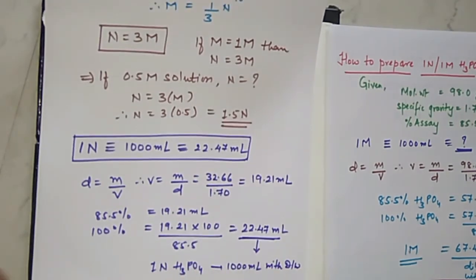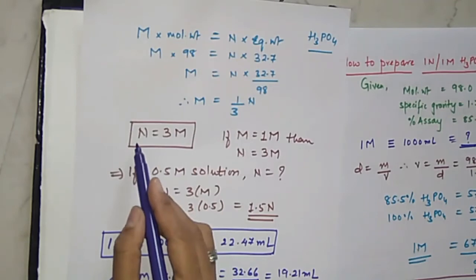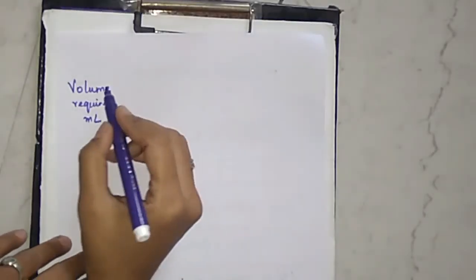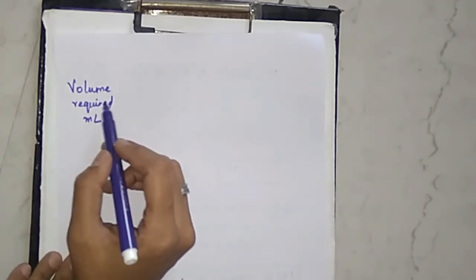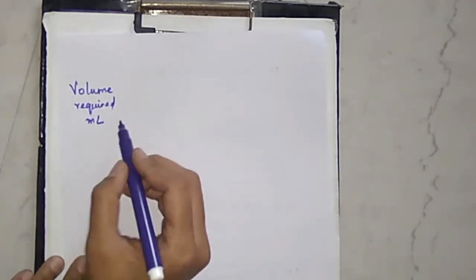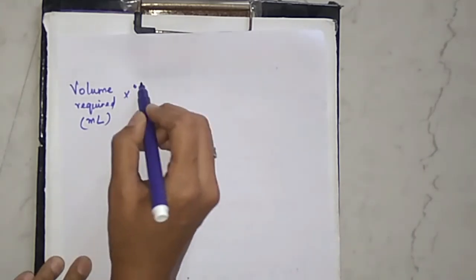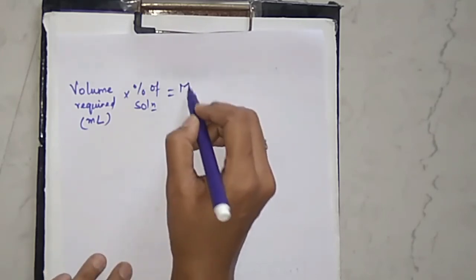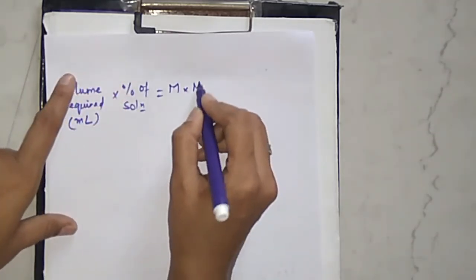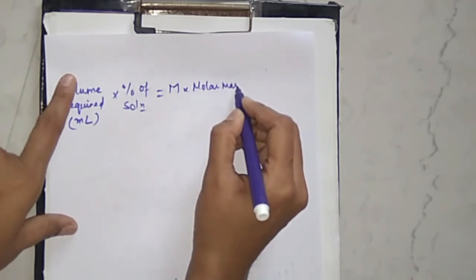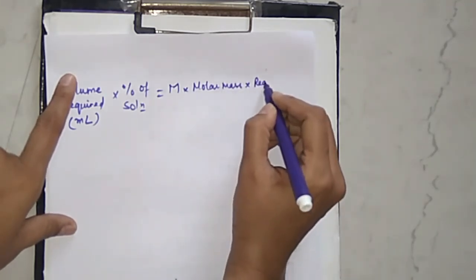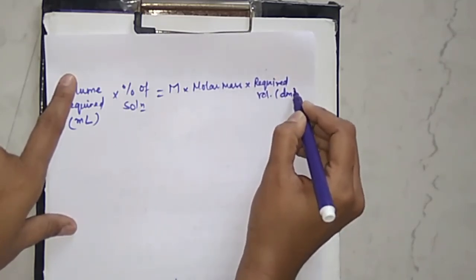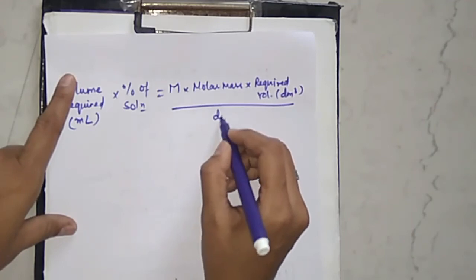Anyway, we can do this, or we can use the relation that normality will be thrice the molarity. If we want to use a direct one-step equation: volume required in ml multiplied by percentage assay of the solution is equal to molarity into molar mass into required volume in decimeter cube, divided by the density.